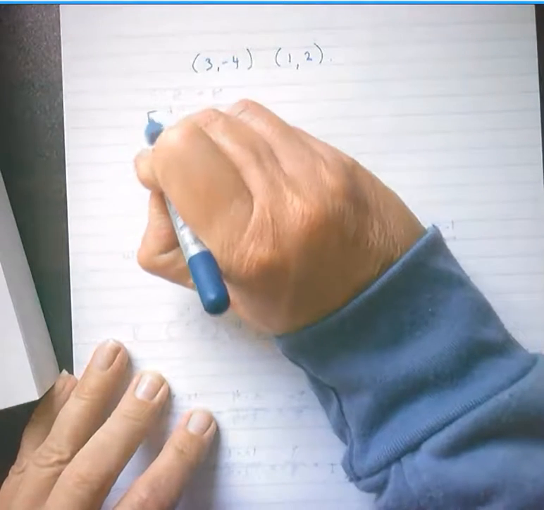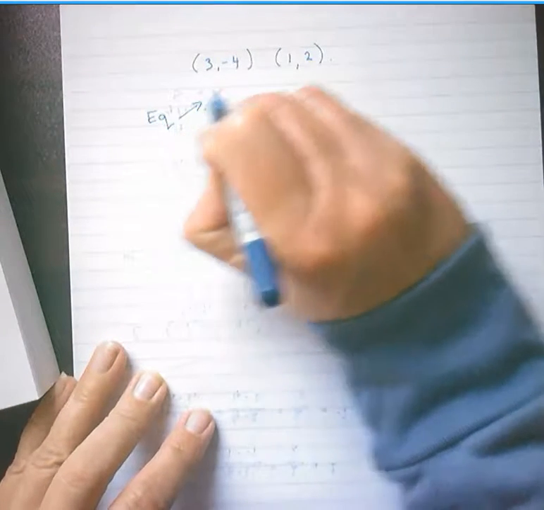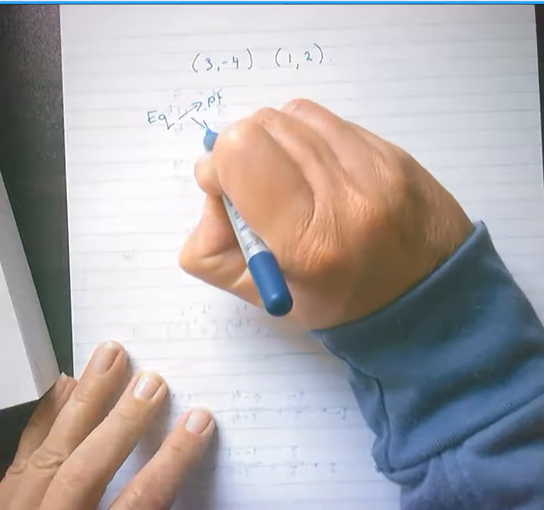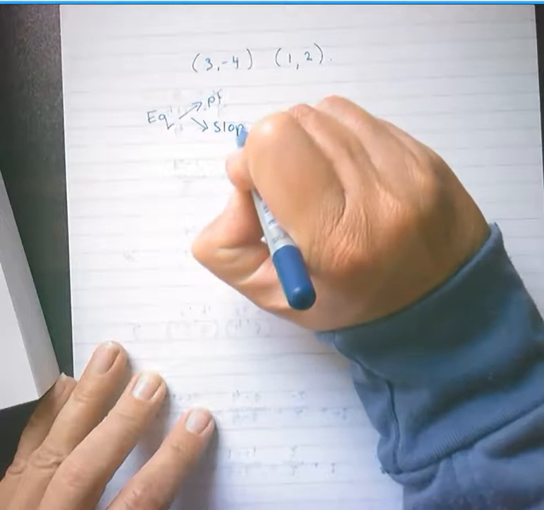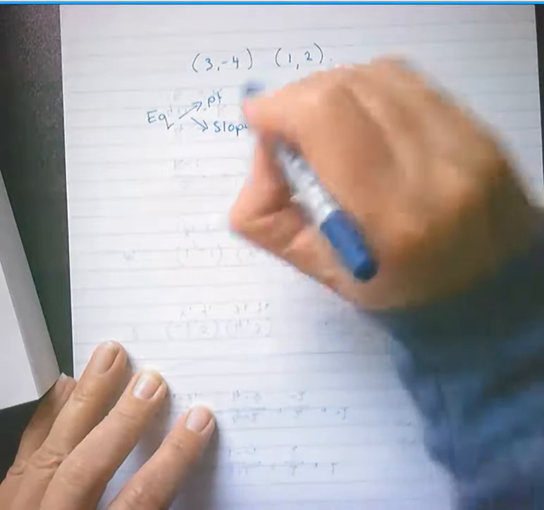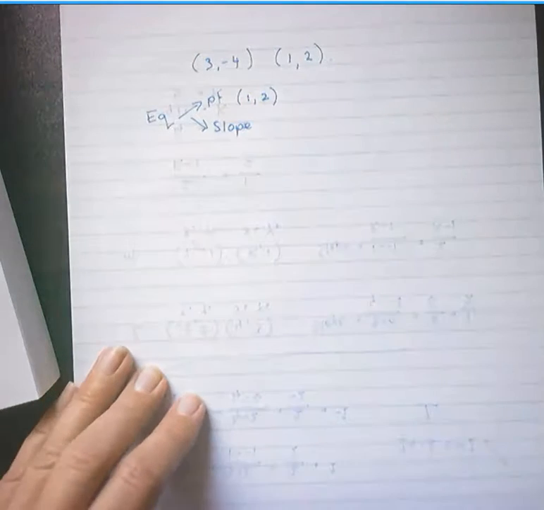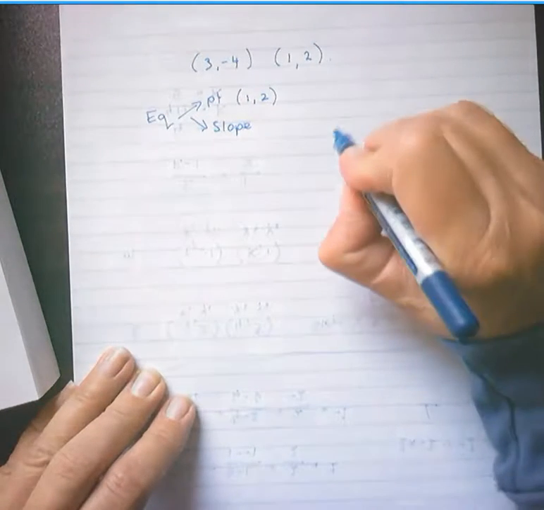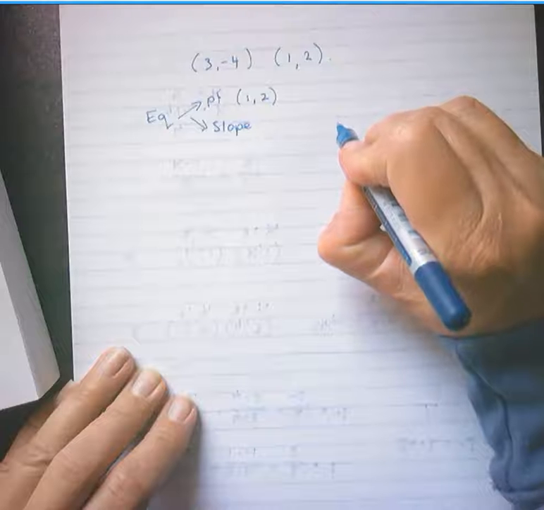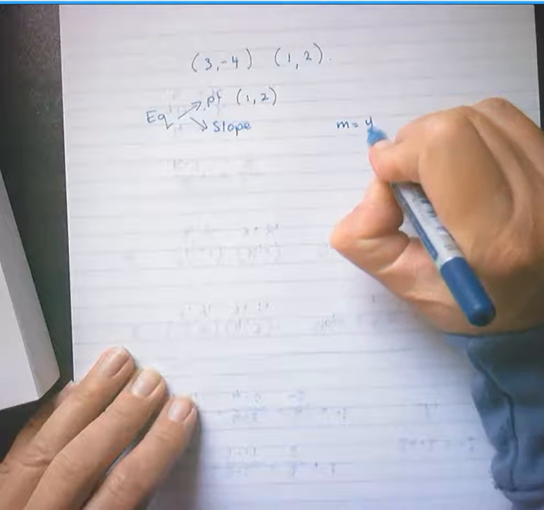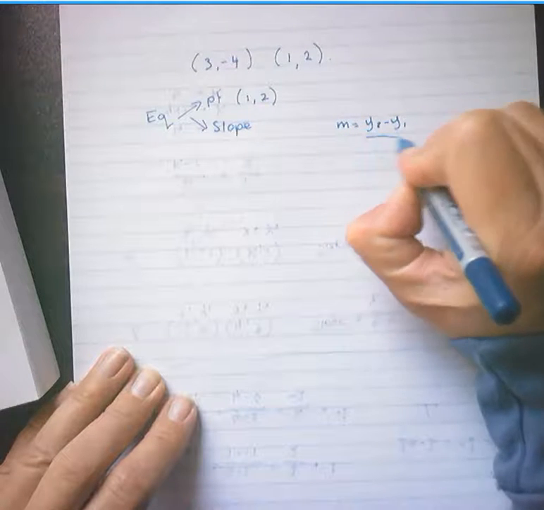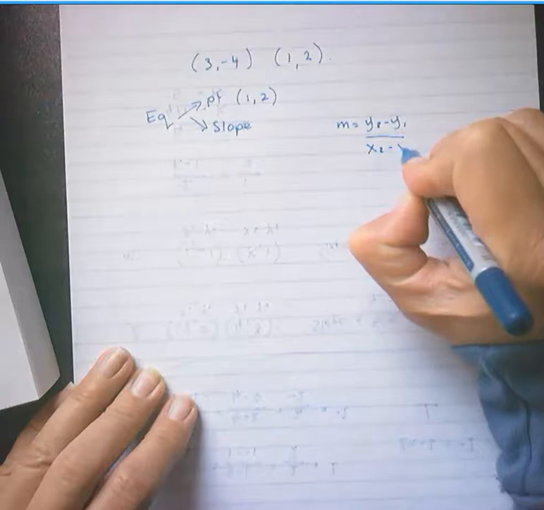Again, for the equation, you need a point and you need a slope. You can use either of these points. The point I'm going to choose is 1, 2 because there are no minus signs. And the slope formula is m equals y2 minus y1 over x2 minus x1.